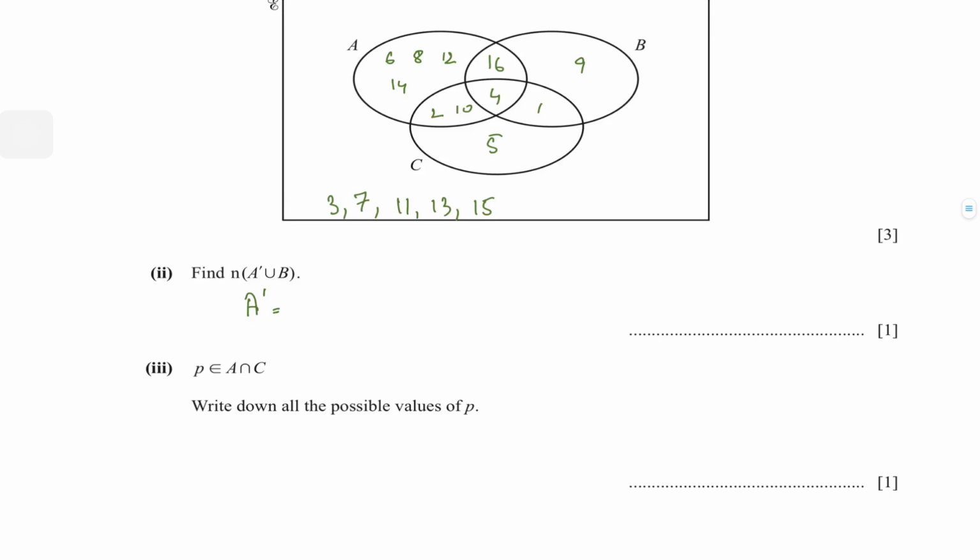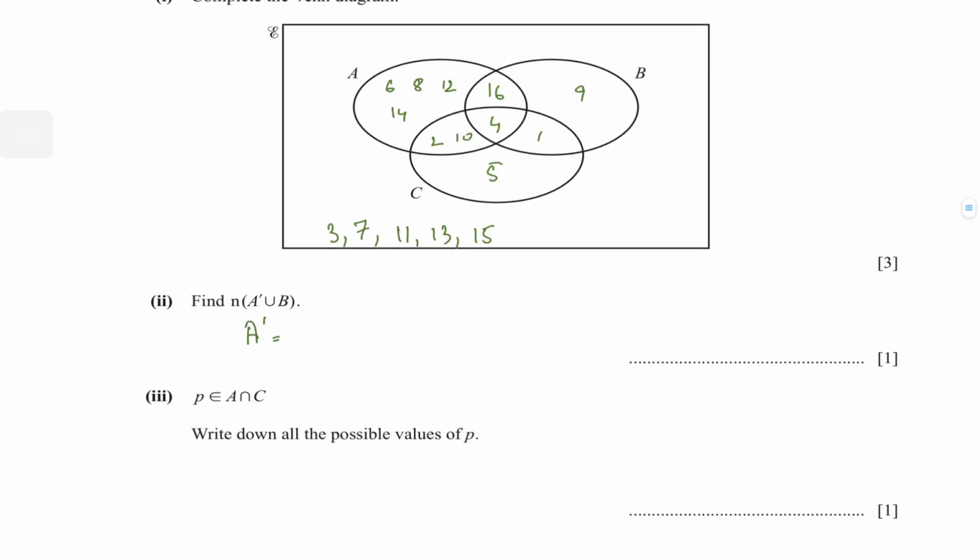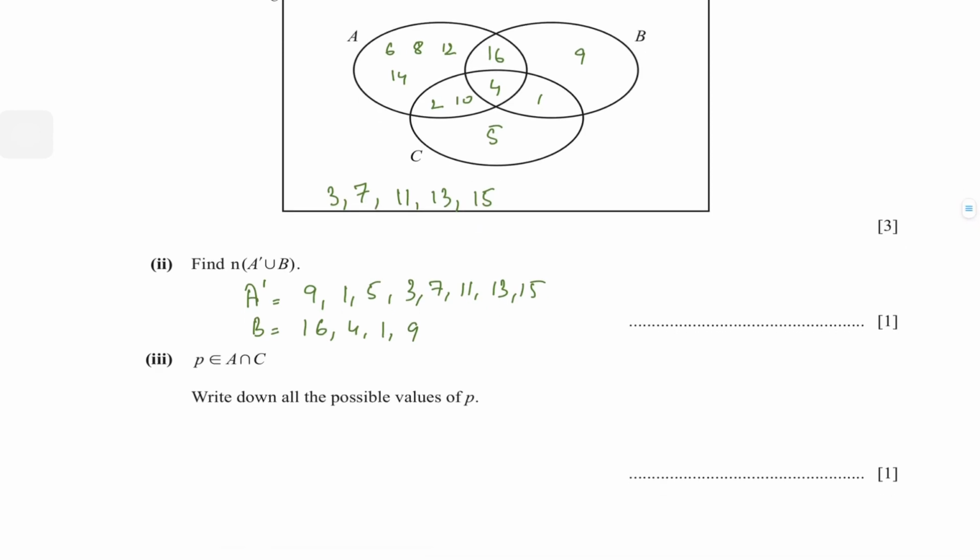Okay, so first let's write down all the elements in A complement. That means everything outside of A. So that's going to be 9, 1, 5, 3, 7, 11, 13 and 15. And then let's write down all the elements in set B, which is 16, 4, 1 and 9. Let's make a union of them and see how many elements we have.